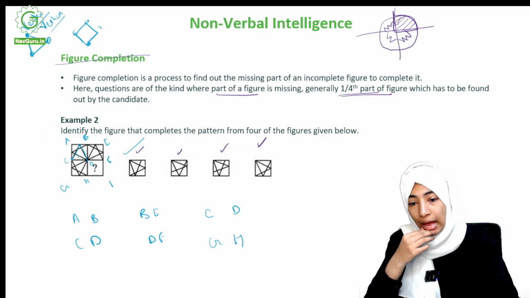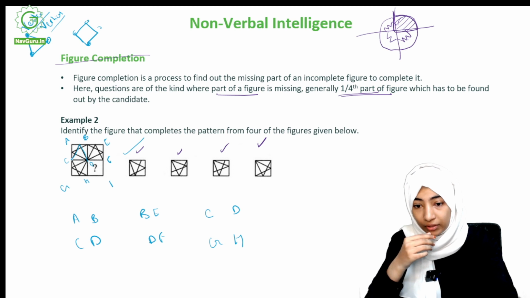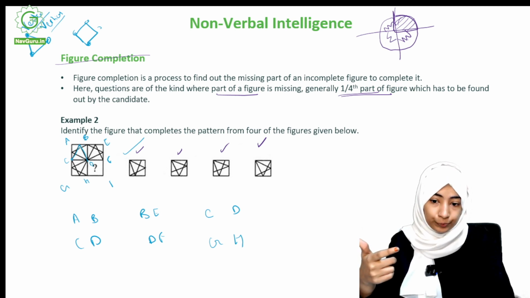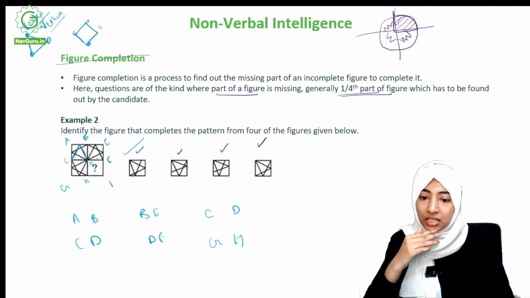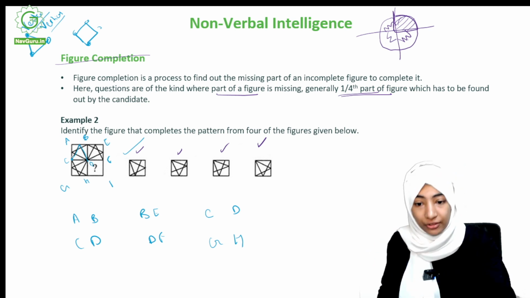Anyway, the figure starts from one vertex, goes to the middle of the next side, and then comes back to another vertex. Just see if the same pattern is followed in the second figure.